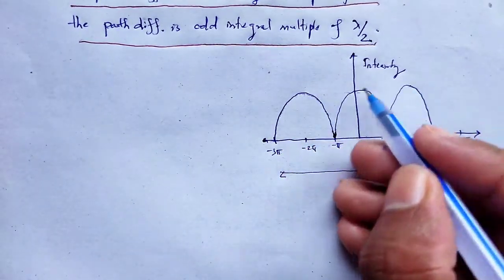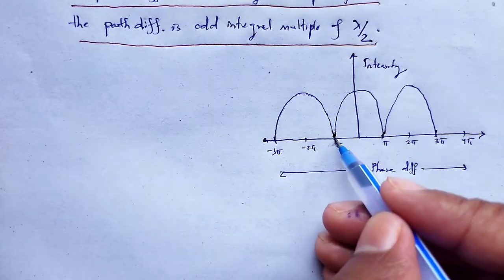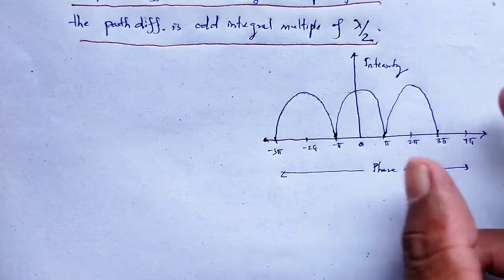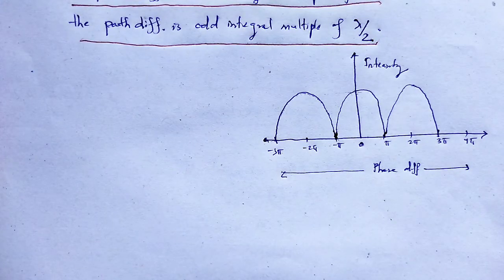The intensity pattern repeats the same. Here the intensity will be minimum, in the other case the intensity will be maximum. This is the graph between intensity and phase difference.